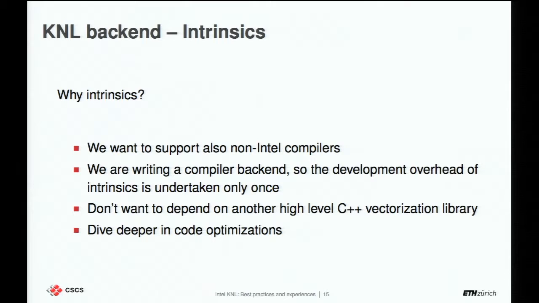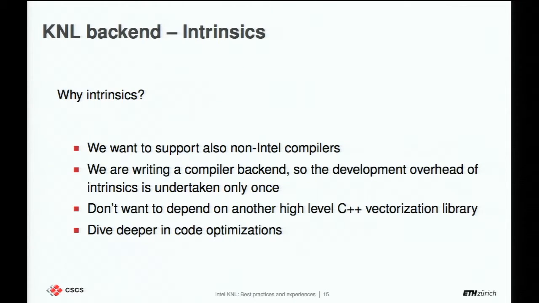We're writing a compiler backend, so we undertake this overhead only once, and then we can adapt just this step, and whenever somebody writes a mechanism, it will be vectorized.